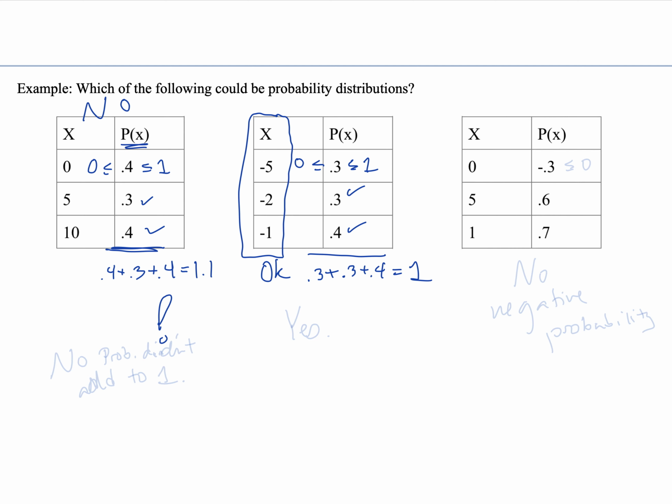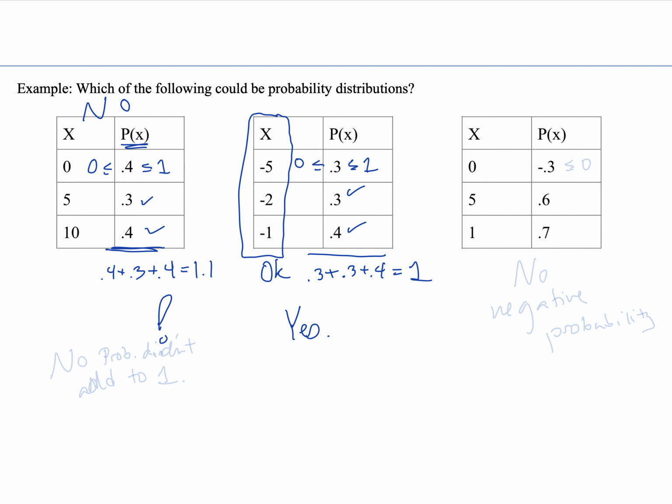So X could have negative values, like for example, if X is the amount of money that you win or lose, we would usually assign positive values to winning money and negative values to losing money. So that's just one example of the possibility of X being a negative value. And so it's fine for the values of the random variable to be negative. It's just that the probabilities cannot be negative. So this can be a probability distribution.